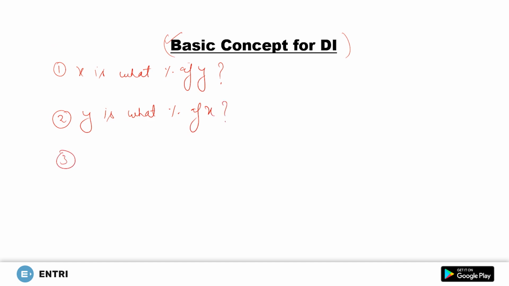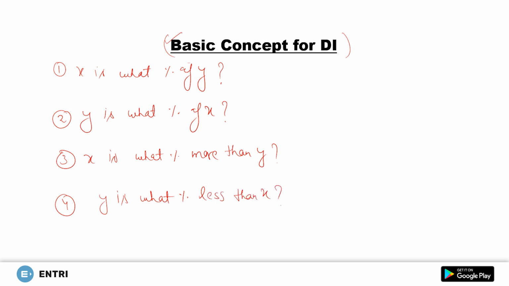If these statements appear in questions, we will discuss how to solve them here. The third is: X is what percent more than Y, and the fourth one is: Y is what percent less than X. So these are the statements you need to know.